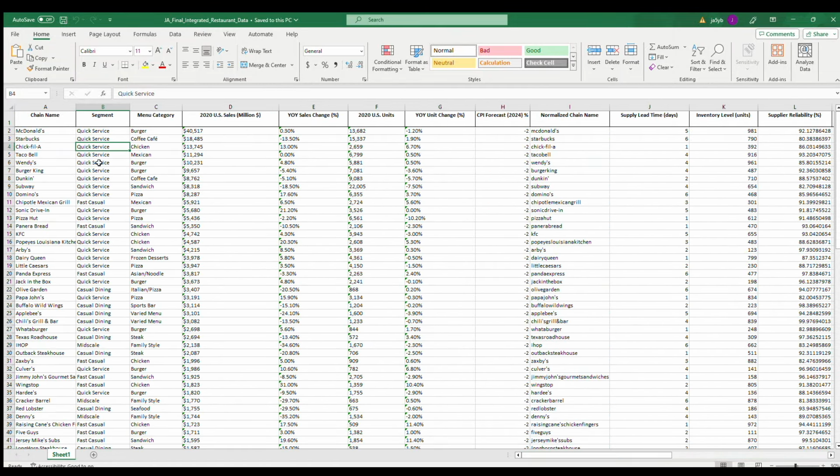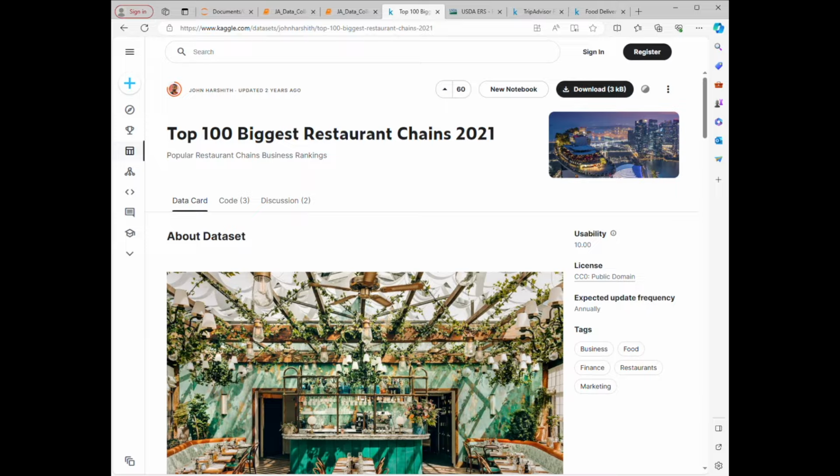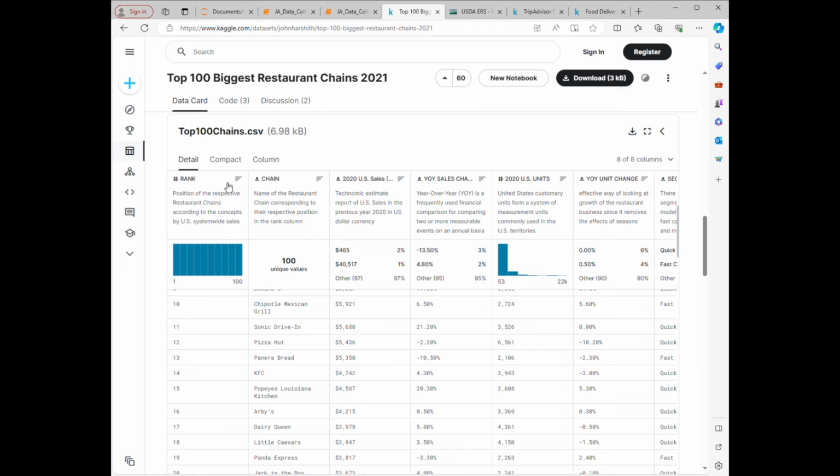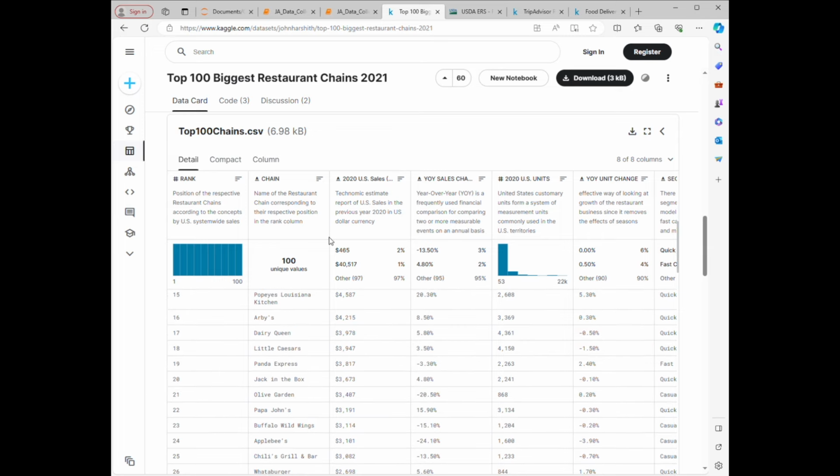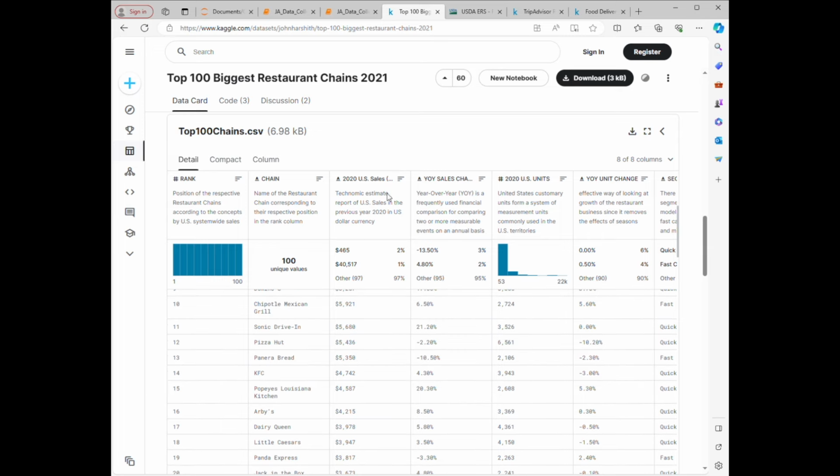All of the data sets in question that were integrated are top 100 chains, which was retrieved via Kaggle and provided a base restaurant data, including chain names, segments, menu categories, sales, units, and year-over-year changes.